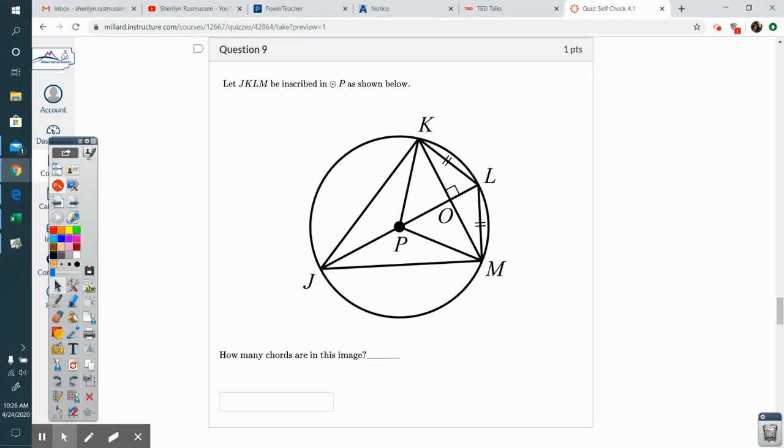Okay, for this particular problem, you've got this inscribed inside. How many chords? It's the same kind of problem, so we'll go through it again. 1, 2, 3, 4, 5, going through 6. Those are radii, so there's 6 in that particular image.